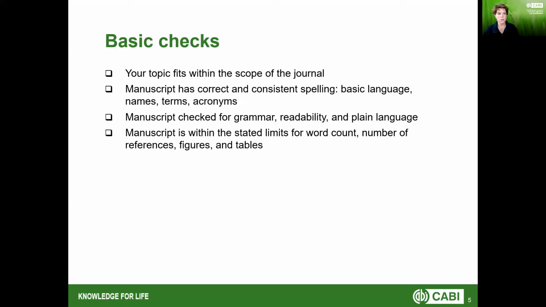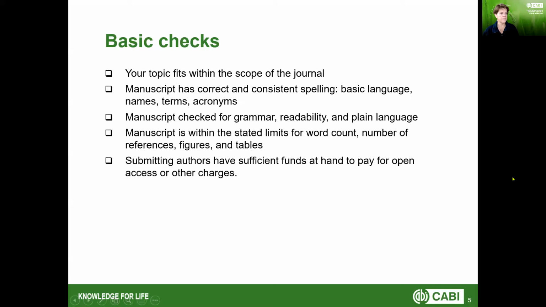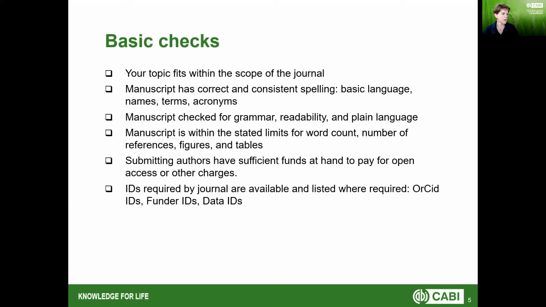Make sure also that you have sufficient funds to pay for any fees, open access fees, other page charges, color charges. Make sure that you know what your funding status is, because you may be asked about those things either at submission or later on in the process. Very, very important.